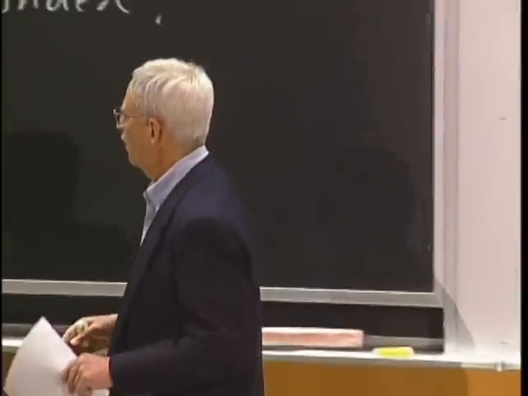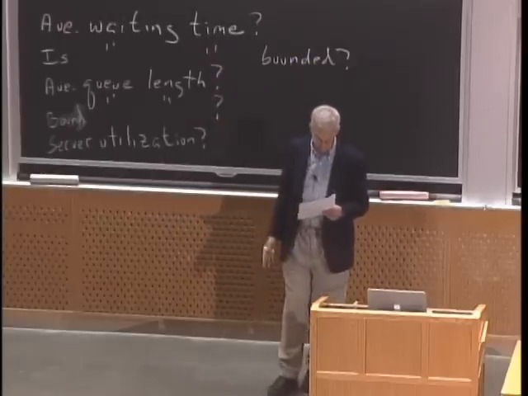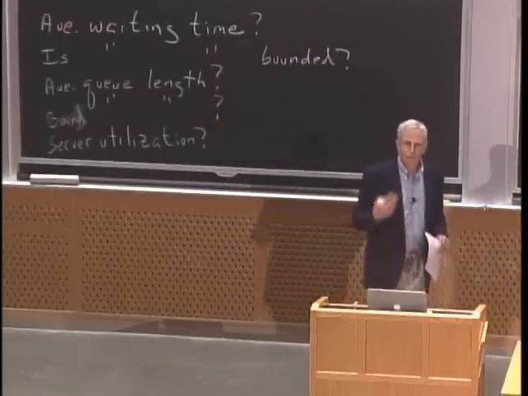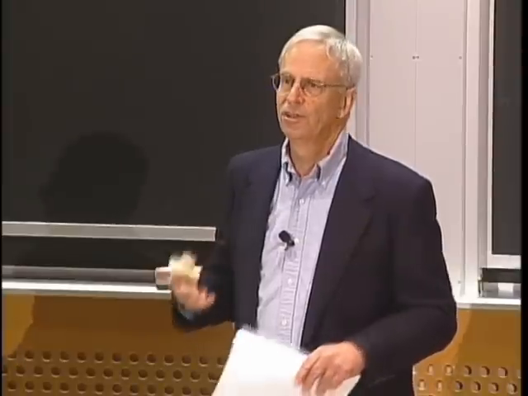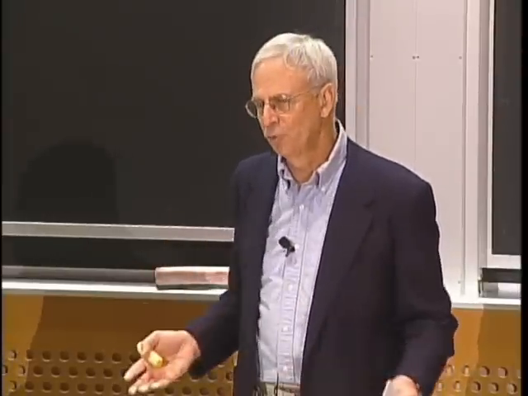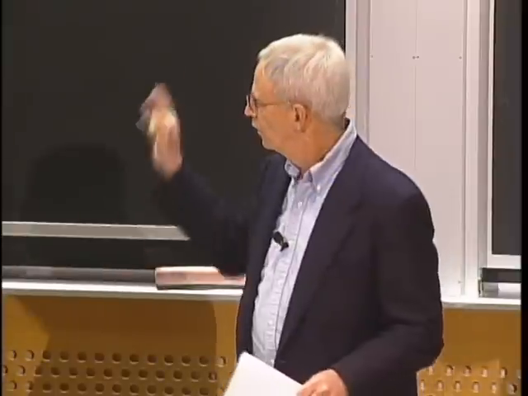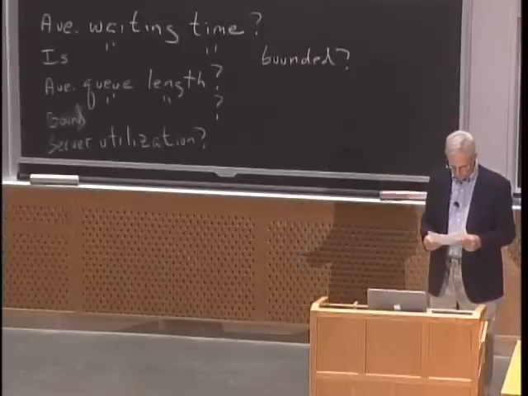If we can assign relative cost values to each of these things, we can then do an analysis and build an optimal system. Decide how big the queues should be, how many servers, how fast they should be, and design a system that meets some optimization criterion.